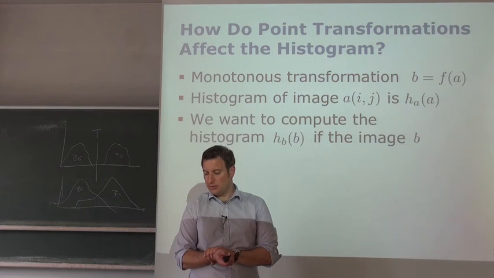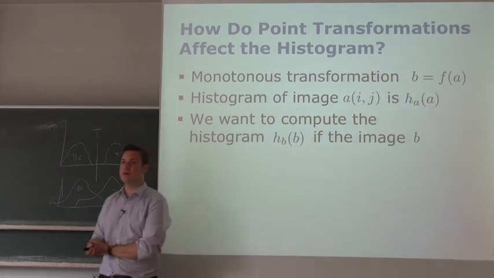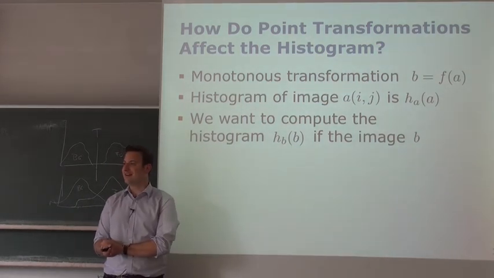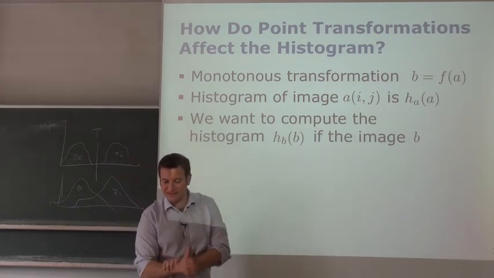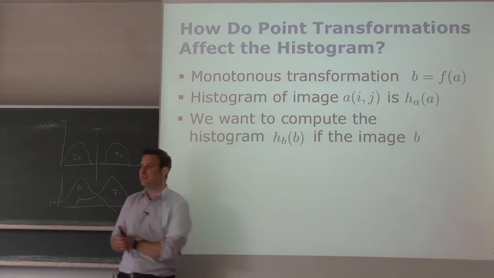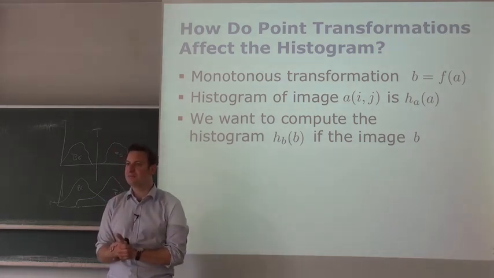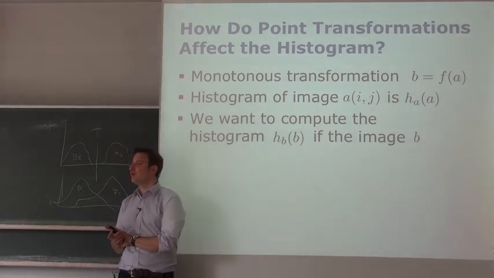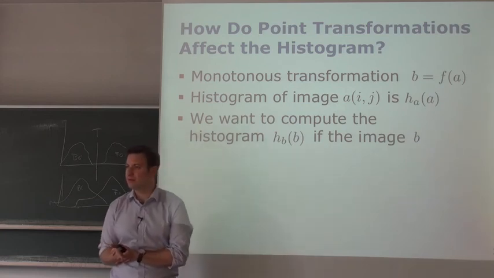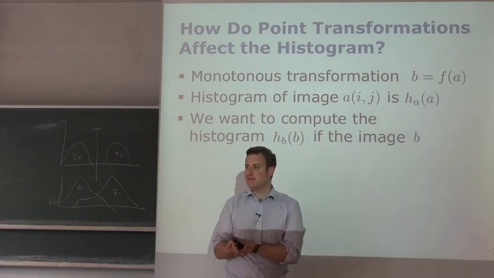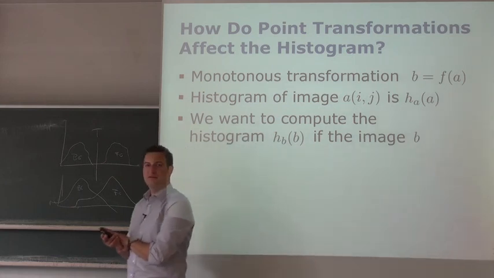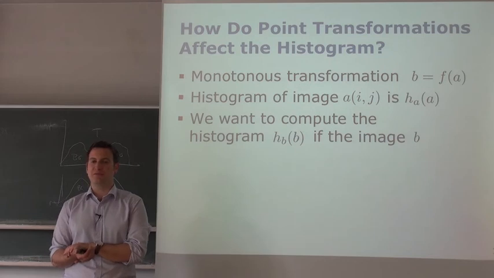Okay, so before I actually continue, that's a pretty good point for finalizing the course for today. What you should have learned in the last 45 minutes is what a histogram is, and how to compute a histogram based on an image. You should know how to compute the mean and the variance of such a histogram.